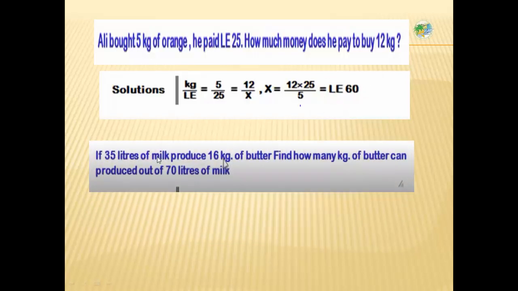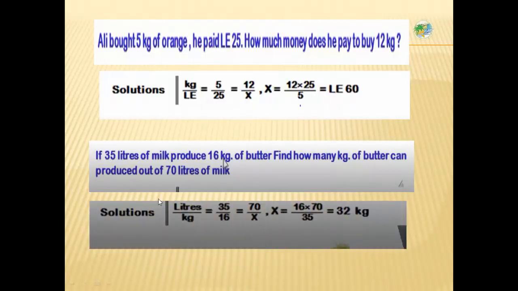35 liters of milk produce 16 kilograms of butter. Find how many kilograms of butter can be produced out of 70 liters of milk. Okay, liter by kilogram, we have two different units.